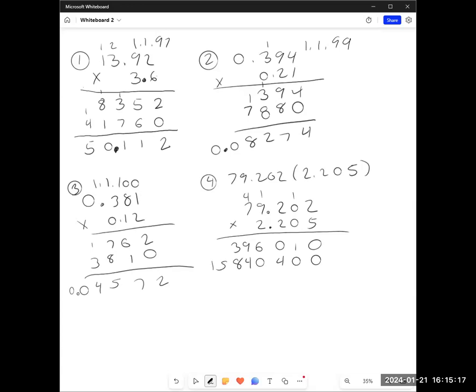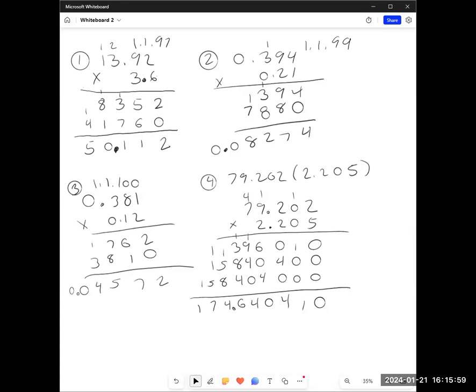Now I need 0, 0, 0 as placeholders. 4, 0, 4, 18, and that's 15 again. So 0, 1, 4, 10, 14, 16, 14, 7, and I have 6 decimal places, 1, 2, 3, 4, 5, 6 decimal places.